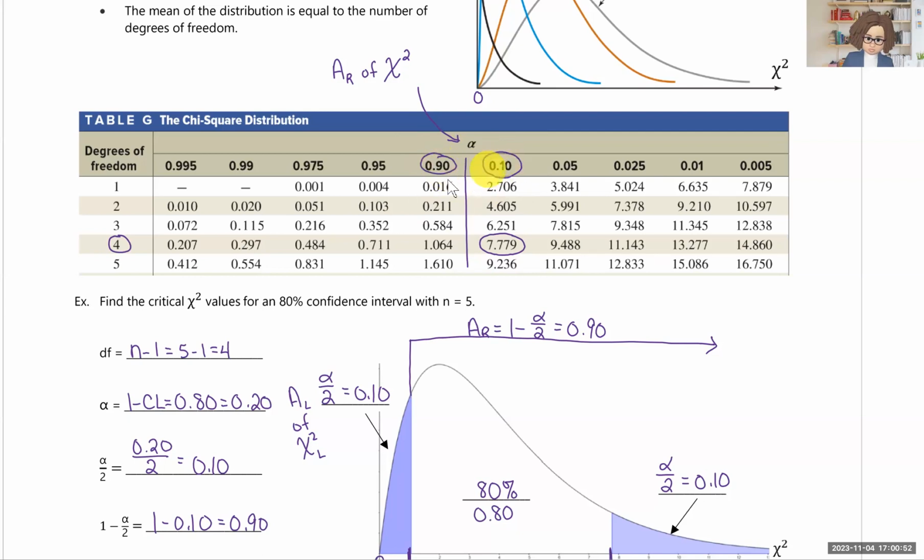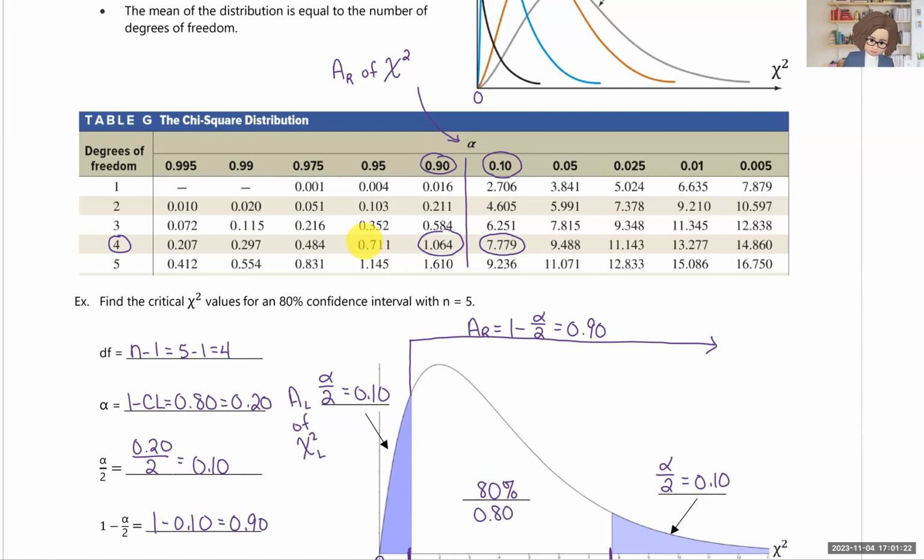So you can kind of see the numbers come in pairs here. These are complements. If I go out here, 0.95 and 0.05 are complements. So you can kind of see that symmetry in the table. And any value on the right side of the table will be a chi-square right number. Any value on the left side of the table will be a chi-square left number. So there's our chi-square left, 1.064.